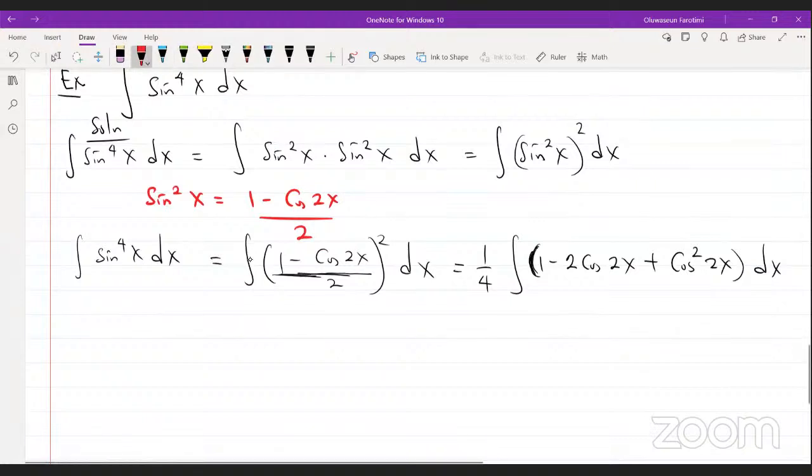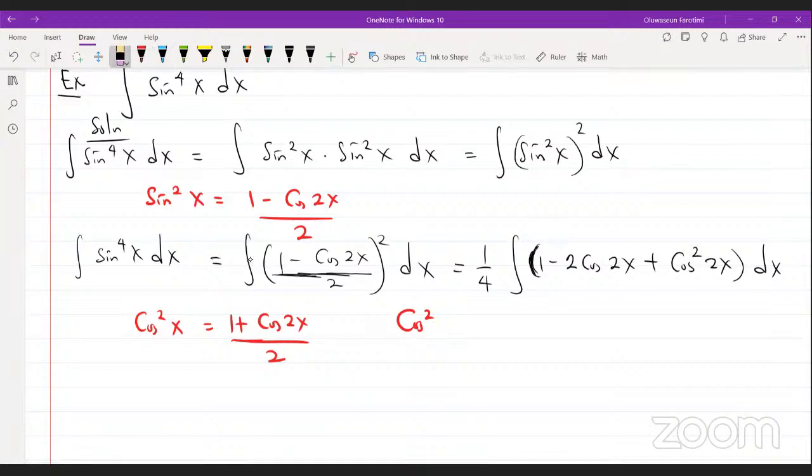Okay, so let us do that. Let me remind you that cosine squared of x is actually 1 plus cosine 2x over 2. But right now, over here we have cosine squared of 2x. So for that, I have to put a 2 here and write this correctly.